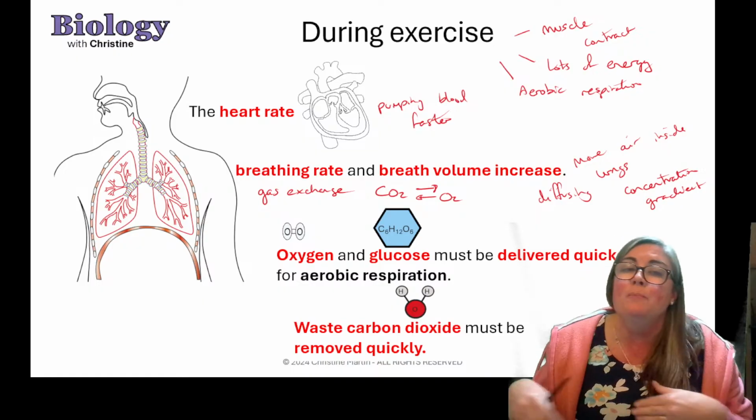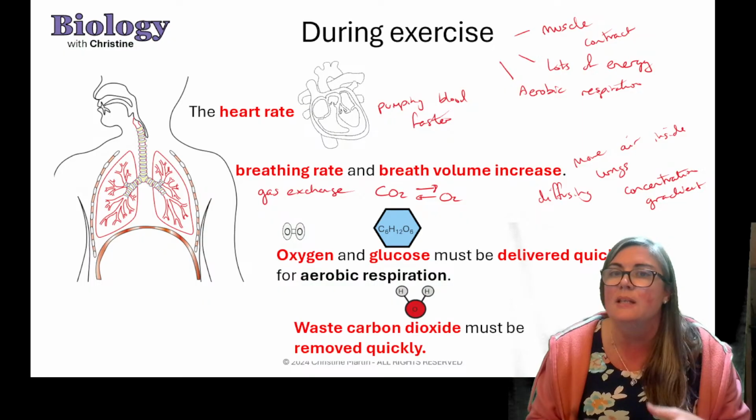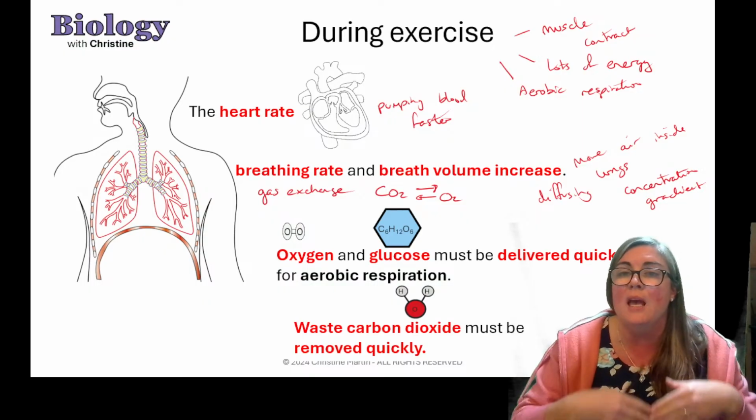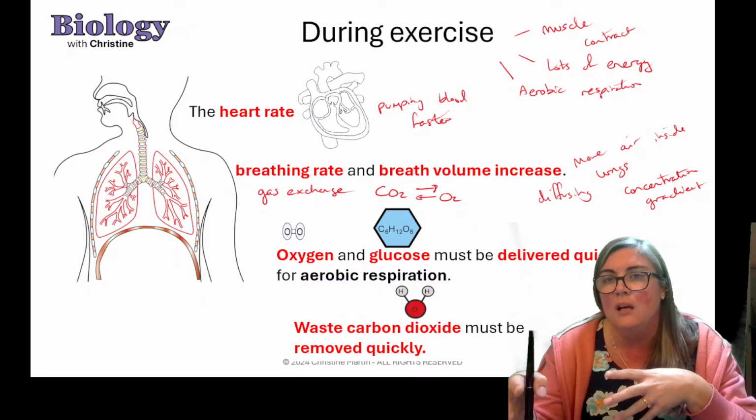By having the blood circulated around, the waste product carbon dioxide is also going to be able to be removed from the bloodstream when it gets up to the lungs.